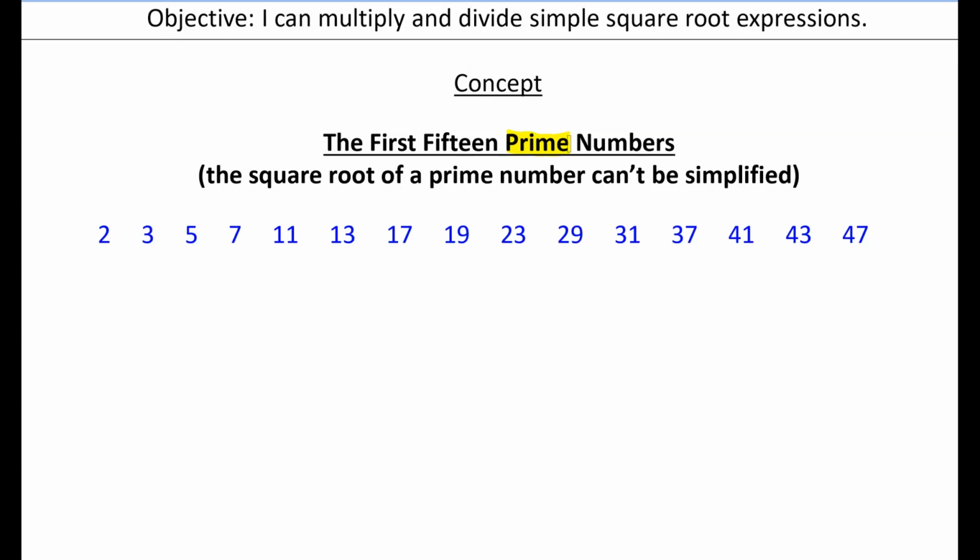And really a fun fact here is 2 is the only even prime. You'll notice that the rest of these are odd numbers. And that makes sense because it's a number that can only be divided by itself and 1. Well, the rest of the even numbers, right, are multiples of 2. So all those go out the window. So if we ever encounter these numbers today when we're looking at square roots, we can't simplify these. These are good, hey, you're done numbers.